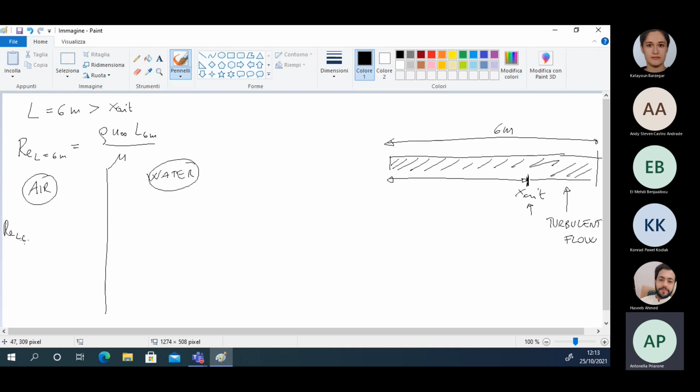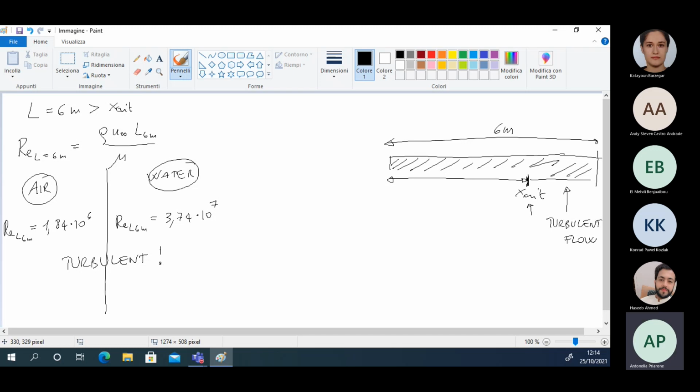Reynolds number will be 1.84 by 10 to 6 for air. Reynolds number will be 3.74 by 10 to 7 for water. Turbulent flow in both cases, as expected, obviously.